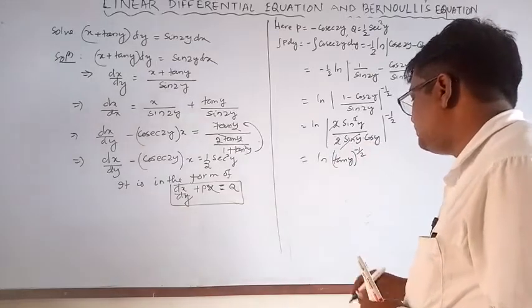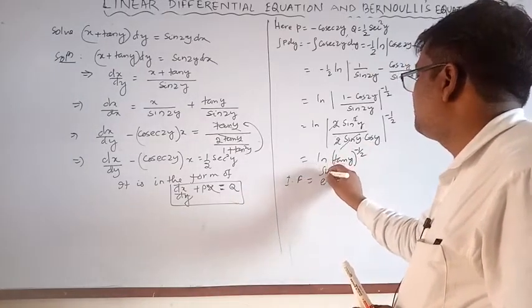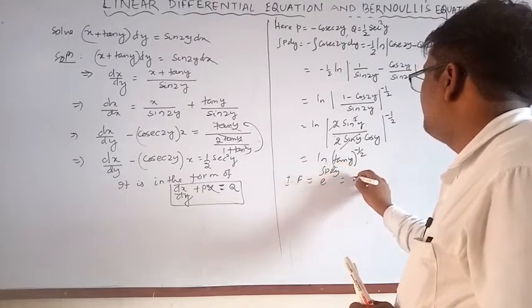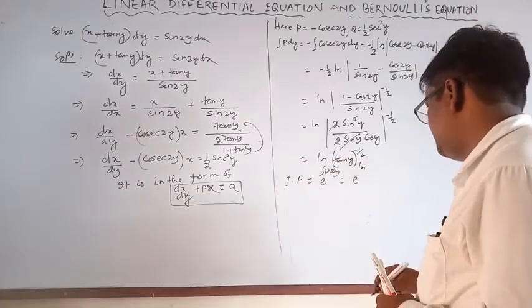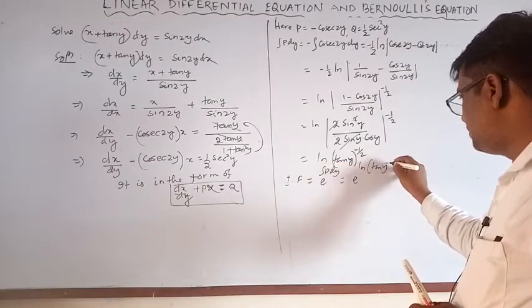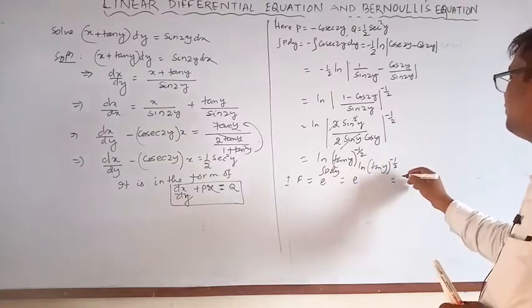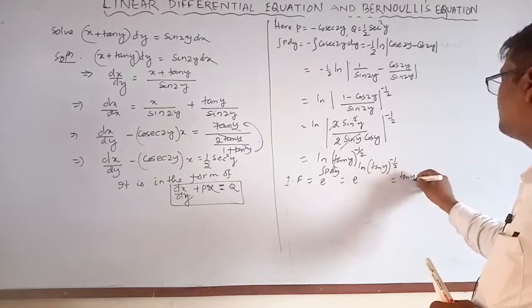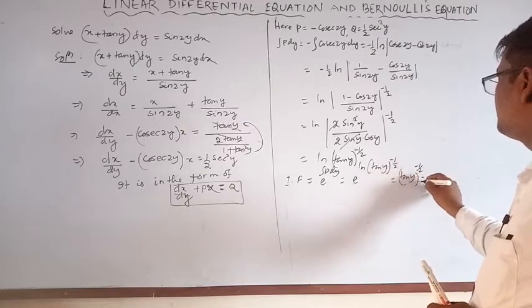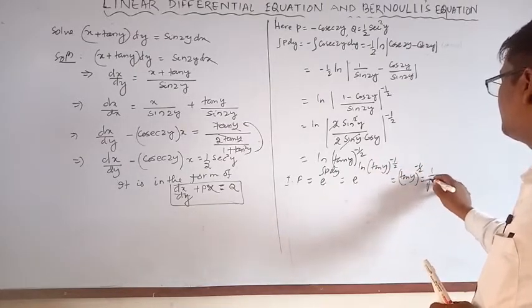Now IF is equal to e to the power integration p dy. So e to the power log of tan y to the power minus 1 by 2, that is tan y to the power minus 1 by 2, that is 1 by root over tan y.